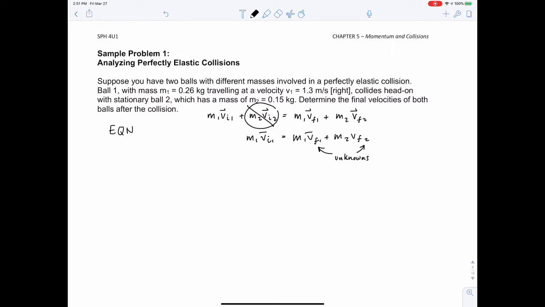So we're going to use this first equation, the conservation of momentum, as equation number 1, in which we're going to write V final 1 in terms of V final 2. So let's get V final 1 by itself. We have M1 V final 1 is equal to M1 V initial 1 minus M2 V final 2. Then we'll divide both sides by M1. We can see in the first and second terms, the M1s will cancel out.